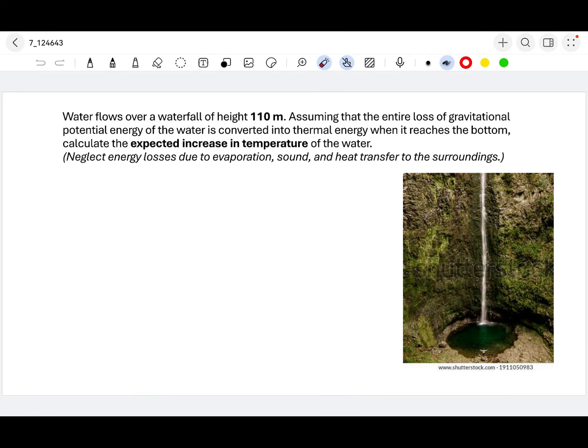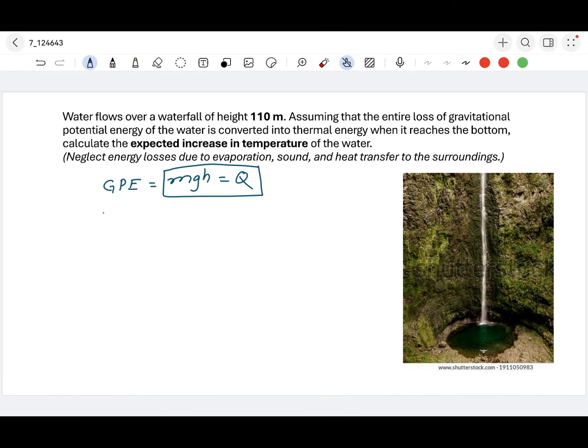Gravitational potential energy, the formula is mgh. This whole mgh is converted into thermal energy Q. So this is the formula we have to use. Calculate the expected increase in the temperature of the water. Here we are neglecting the energy loss due to other reasons.